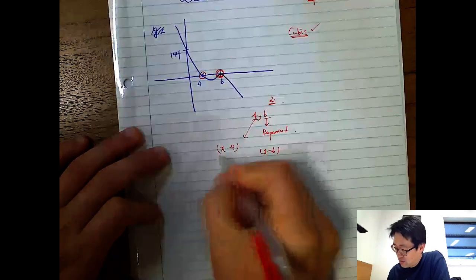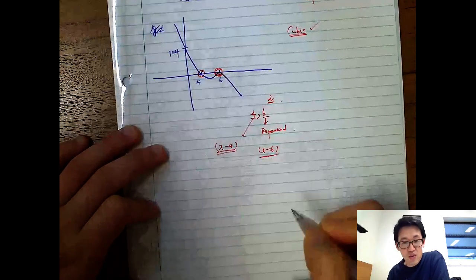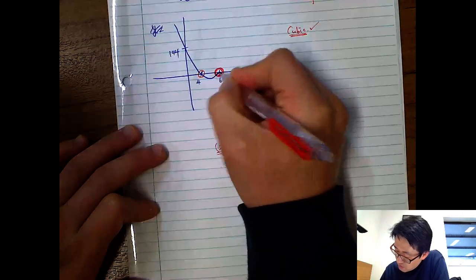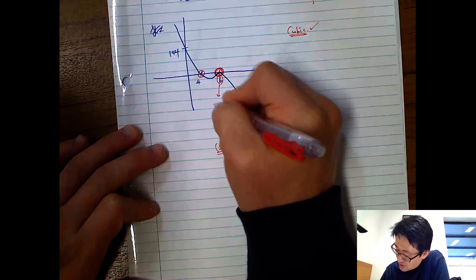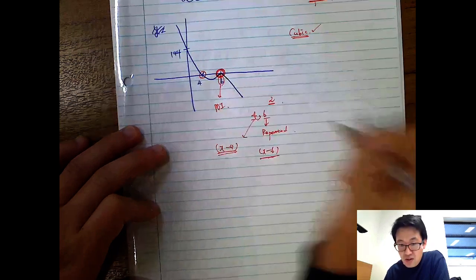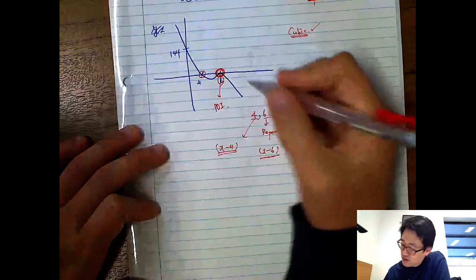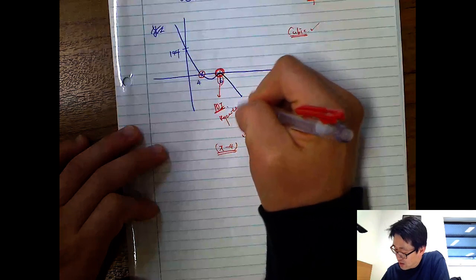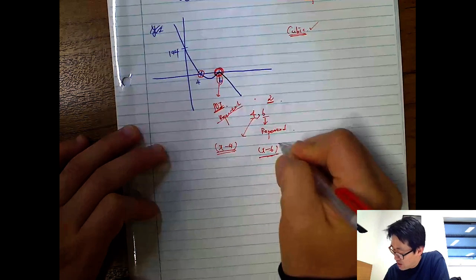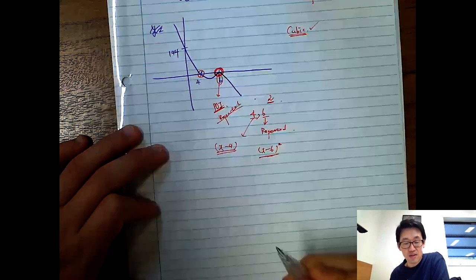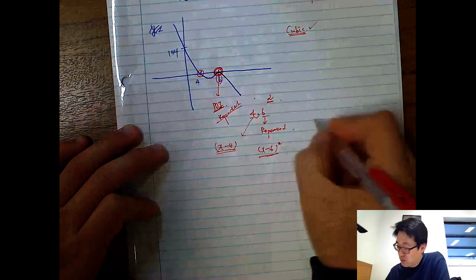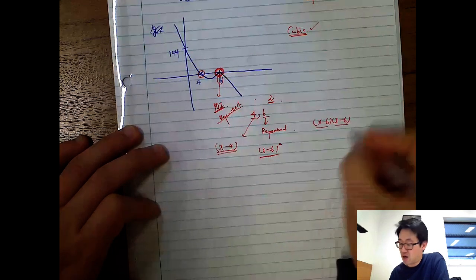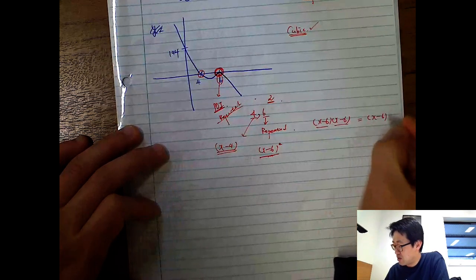I know the two factors we have, and because that is a point of inflection or turning point, that is a repeated factor, therefore that is squared. x minus 6 repeated twice, so I'll write down x minus 6 squared.